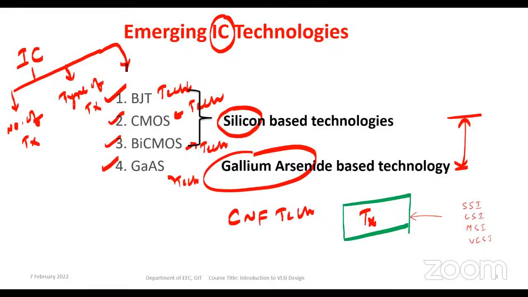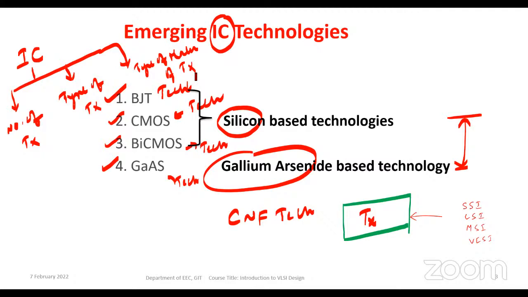The third one is the type of material for the transistor. Agreed? This is how the ICs are classified. Is there any doubt in this? Can you please let me know through the chat?